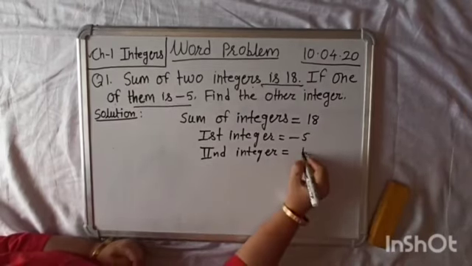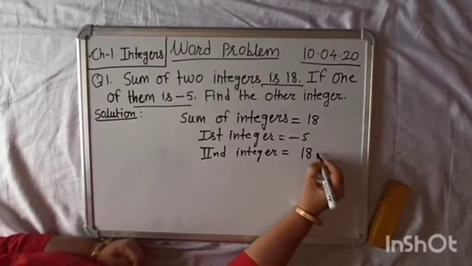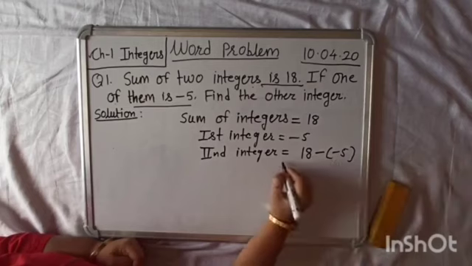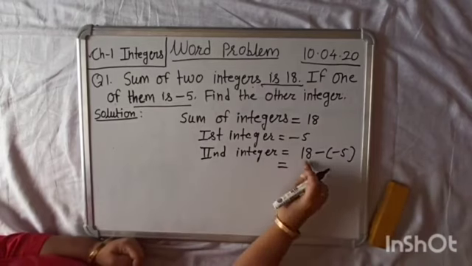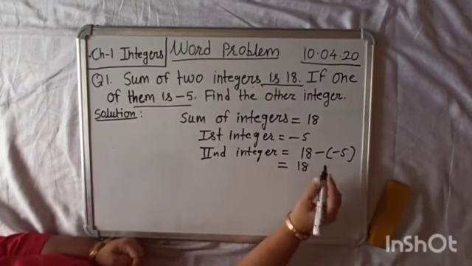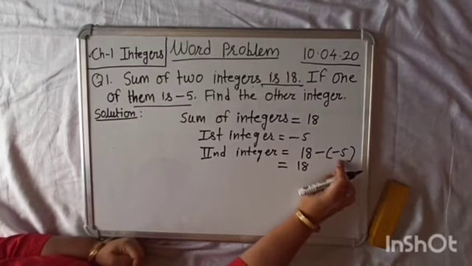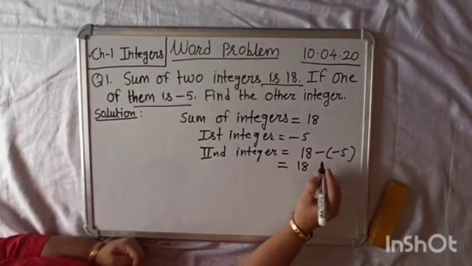So 18 is the sum of the integers, then minus of minus 5. Clear? Now here there is a minus sign outside the bracket, so the integer inside the bracket changes its sign.